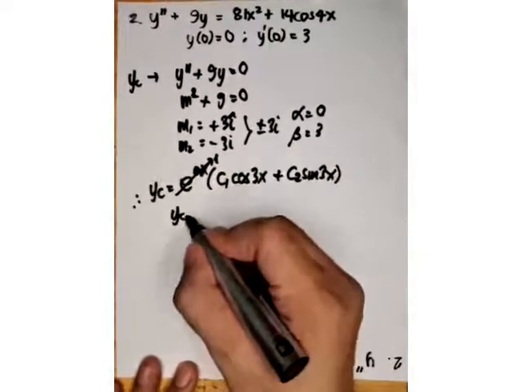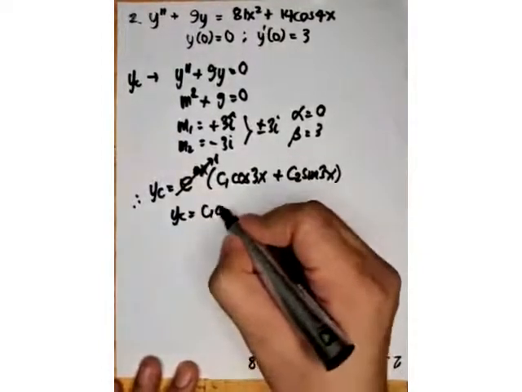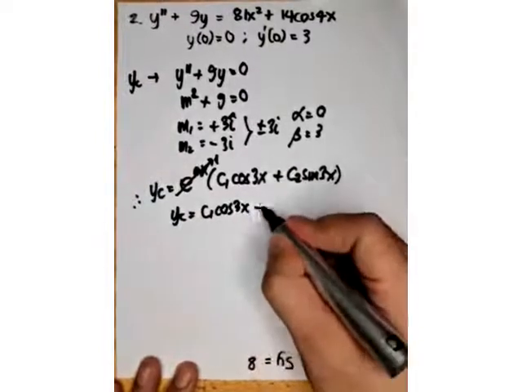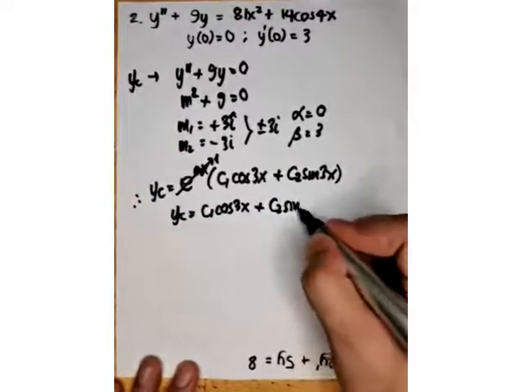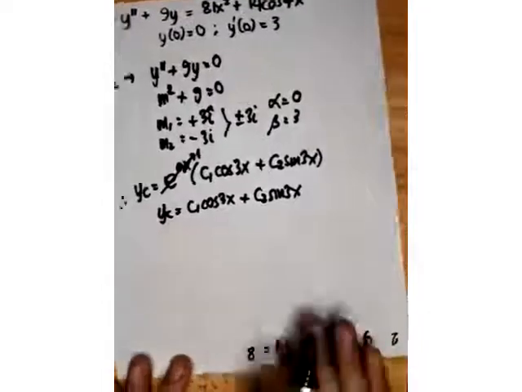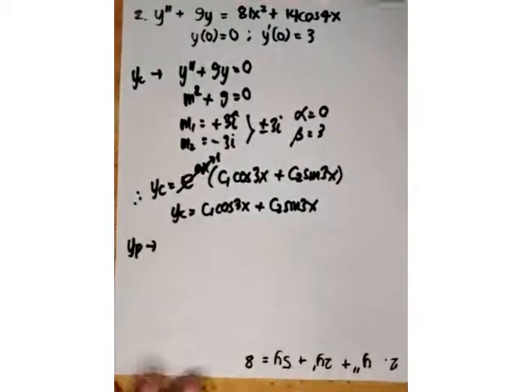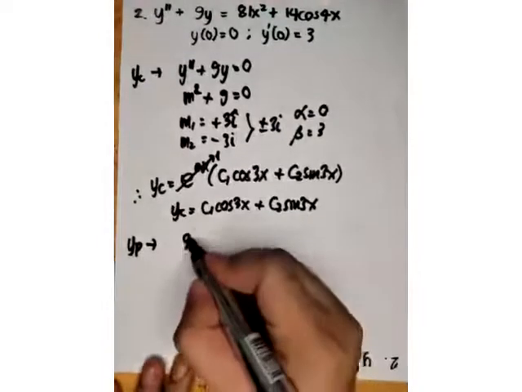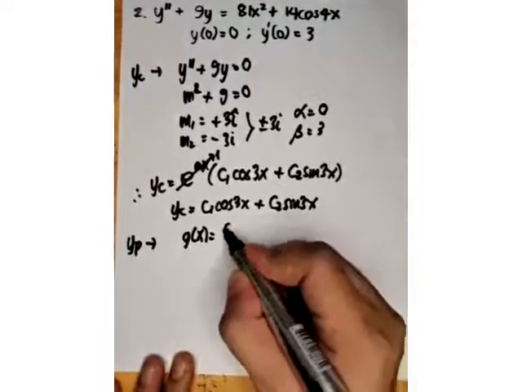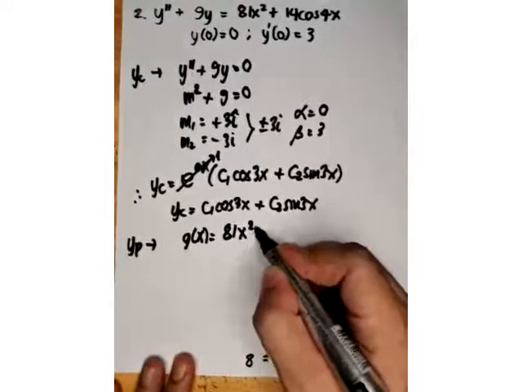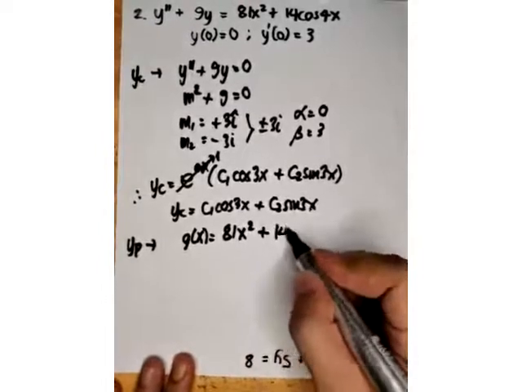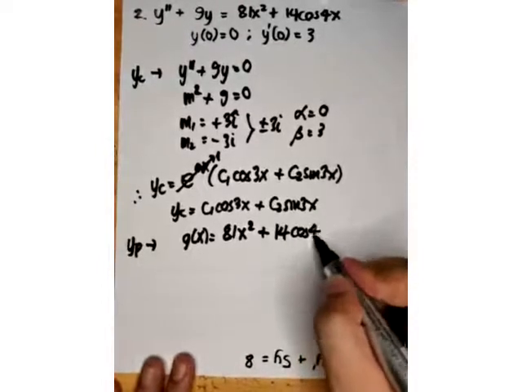So y sub c is equal to c1 cosine 3x plus c2 sine 3x. Ayan. Okay, so sa y sub p tayo. Okay, class, magta-trial particular solution tayo. Ano ang ating g of x? So g of x is 81x squared plus 14 cosine 4x.